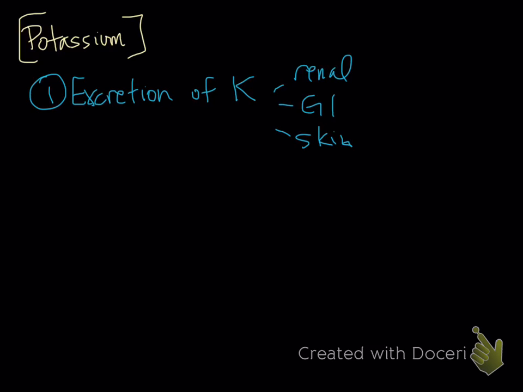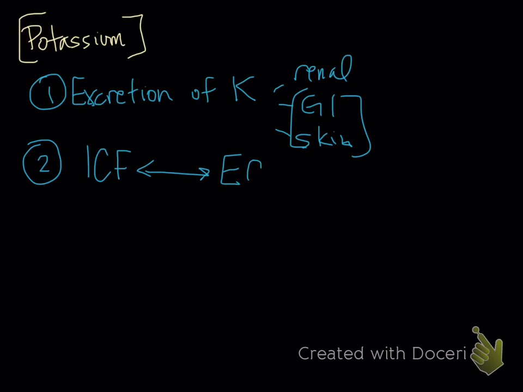These are not the big things to talk about. It's mostly the kidneys. The next thing we're going to talk about is a shift between the ICF, the intracellular, and extracellular. Of course, potassium is supposed to be intracellular, so we can see shifts due to acid-base disorders. And third, how much are we taking in? This can be via intake, through diet, or through IV fluids.